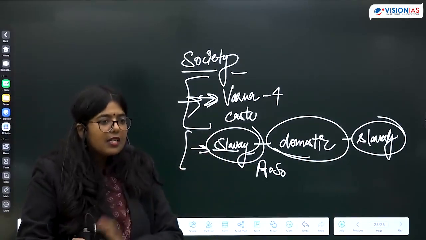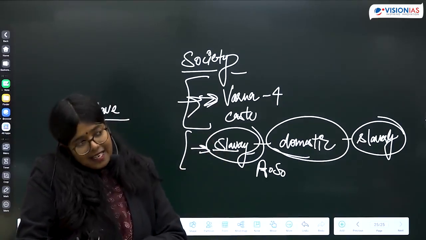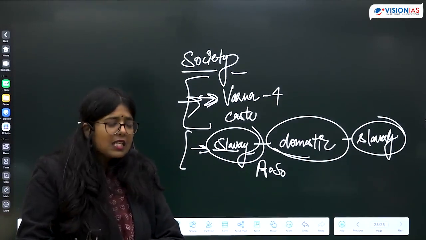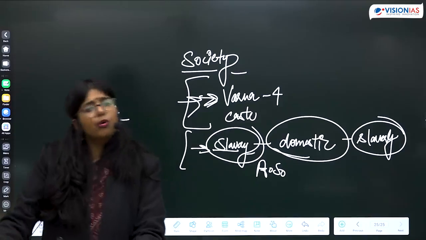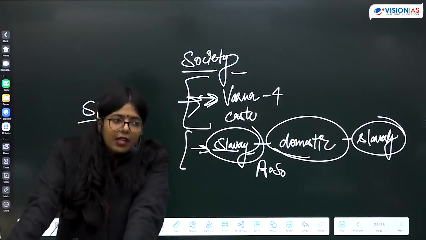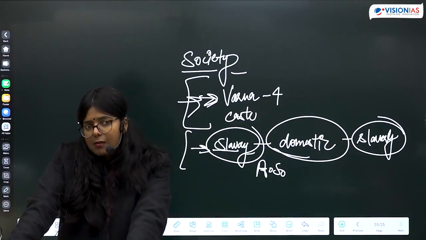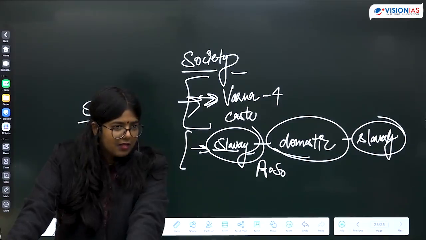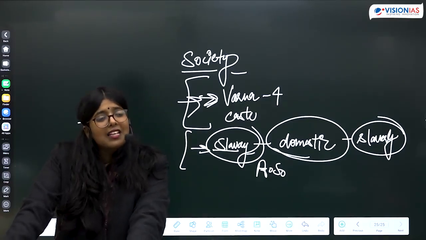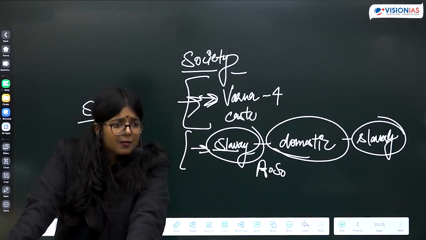Okay. Second thing, when it comes to women, Arthashastra is a text which is a bit progressive in this context. It talks about the rights of a female slave. Think about it. We are talking about a society where women in general did not have a lot of rights.